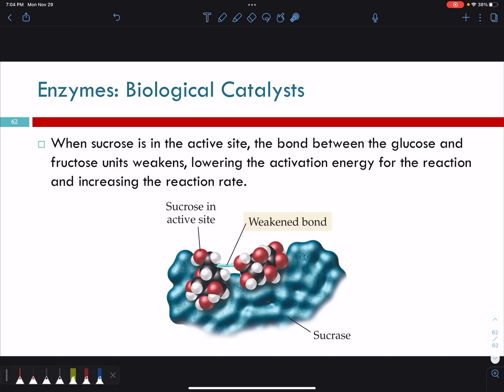So it'll grab onto a sucrose molecule, and by grabbing onto the sucrose molecule, that changes the shape of the enzyme to put that bond under stress between the glucose and the fructose and cause it to break more easily, or really faster. So it lowers that activation energy and increases the reaction rate.